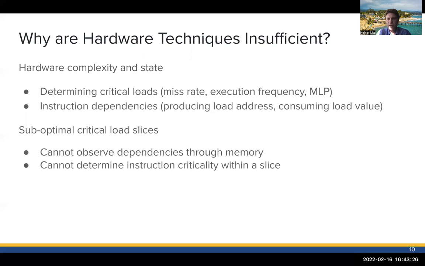This is particularly relevant for x86, which performs a lot of register spilling. We also cannot easily implement these optimization mechanisms to prune instructions from those slices, which we can easily do in software.